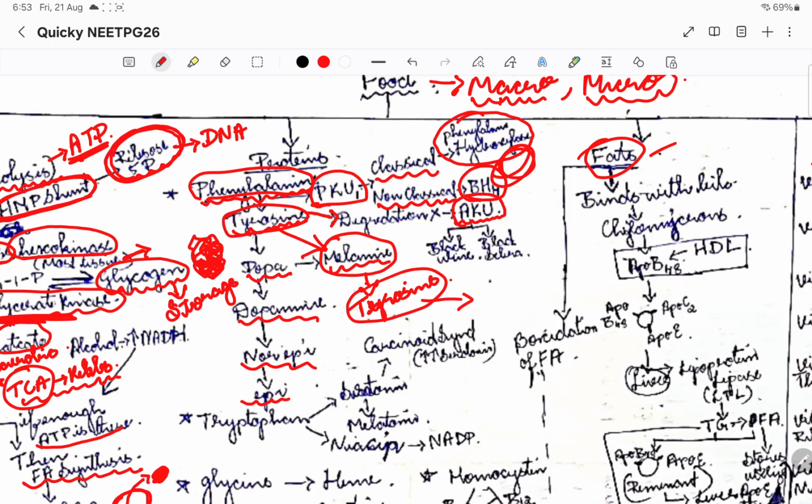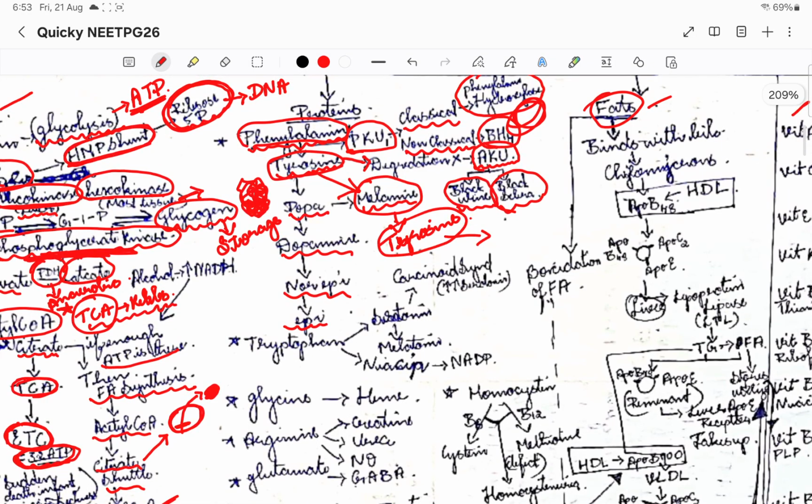So alkaptonuria is going to present with black urine. This is the clinical feature that they will give you. Then black sclera. If a child comes with long-standing black urine and this presentation, close your eyes and go for AKU. That's it with respect to phenylalanine.